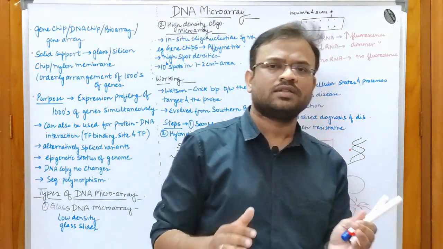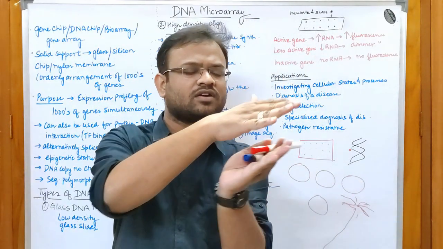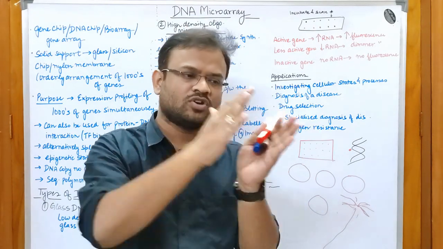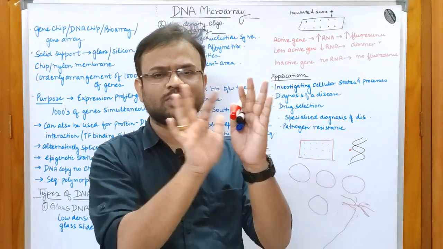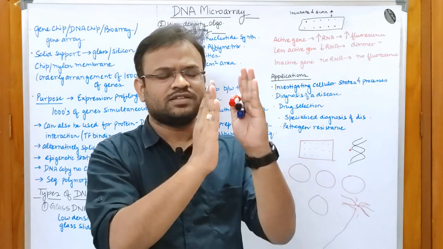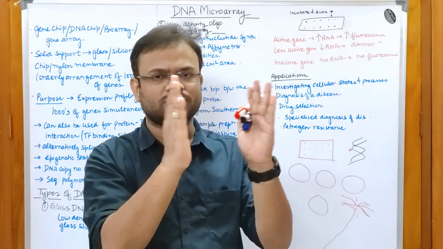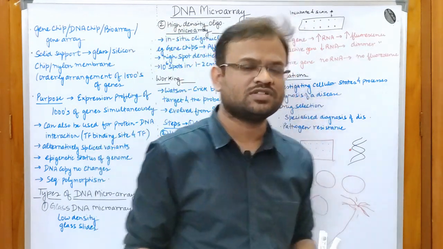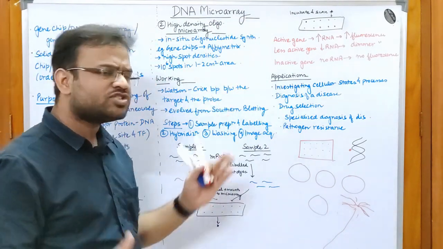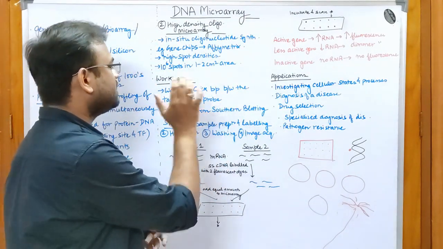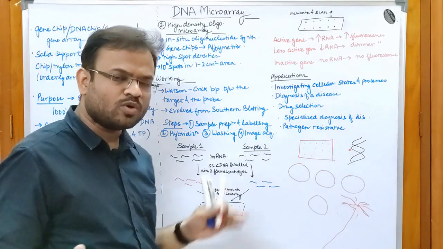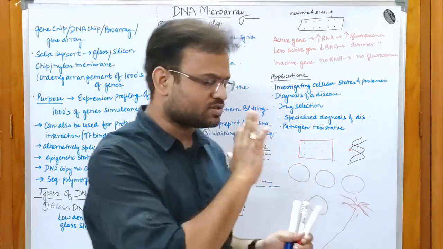Okay, so you already know that DNAs can complement with each other, isn't it? Because of the hydrogen bonding between the two DNA fragments, they can interact, be attached with each other, they can hybridize with each other. This is the principle behind this particular technique. What the target is and what the probe is, we will be talking about in just a minute.